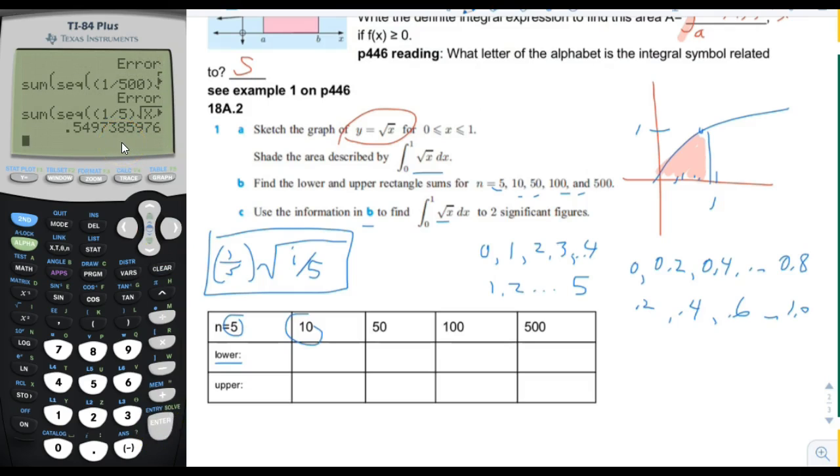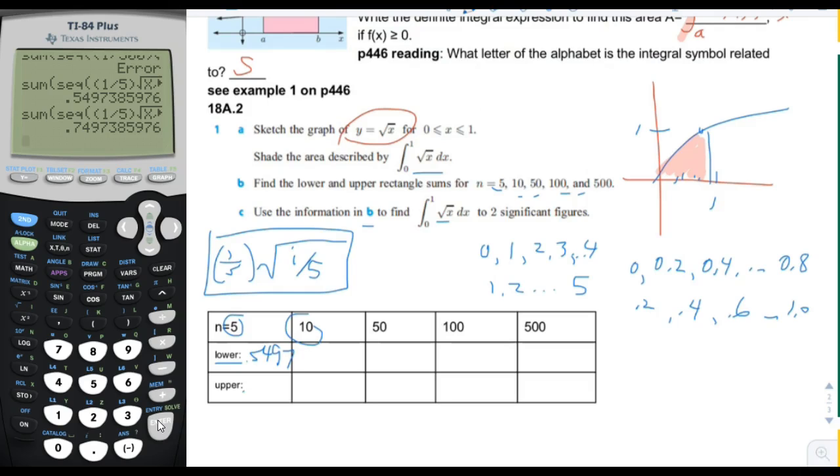So it would be 0.5497. And for the upper, we're just going to change the counter from 0 to 4 to 1 through 5.